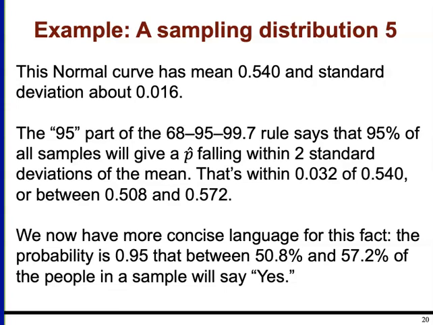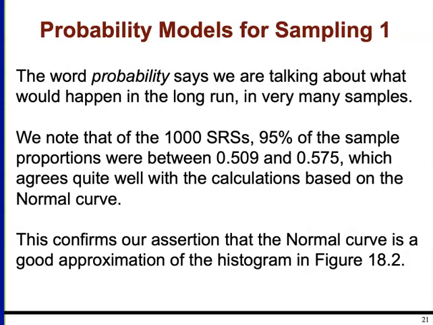So now we have this concise language for what we would expect to see in the population. The probability is 0.95 that between 50.8 and 57.2% of the people in a sample will say yes when given that question. So this word probability is saying that what we're talking about would happen in the long run in very, very many samples.